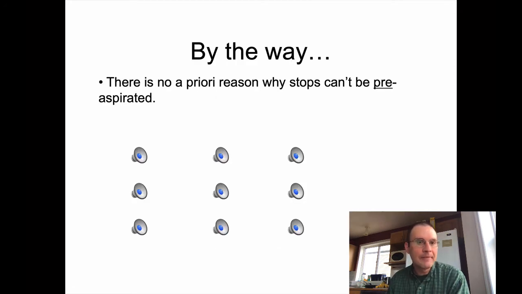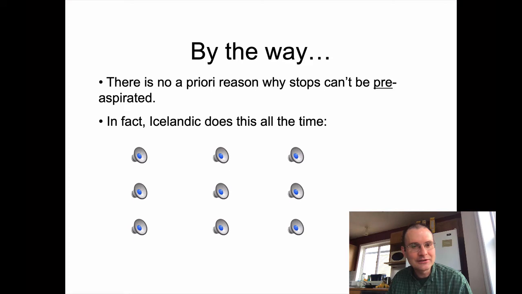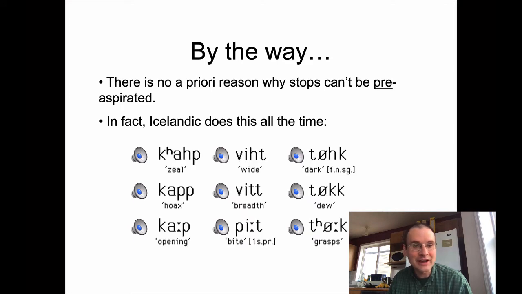Okay, I've got some examples of different types of aspiration throughout the world's languages here to kind of wrap this up. So one thing I'll point out is there's no a priori reason why stops can't be pre-aspirated rather than post-aspirated. So this is where you'd have aspiration before you make the stop, not before the release burst, but before the stop in general.